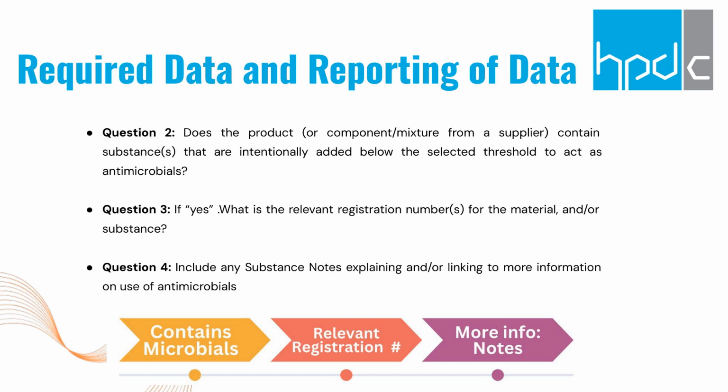Substance notes on antimicrobial use are crucial for ensuring proper management of these agents, critical in combating antimicrobial resistance. They provide detailed records of the antimicrobial type, dosage, treatment duration, and conditions treated, aiding in monitoring, detecting misuse, and implementing stewardship programs.